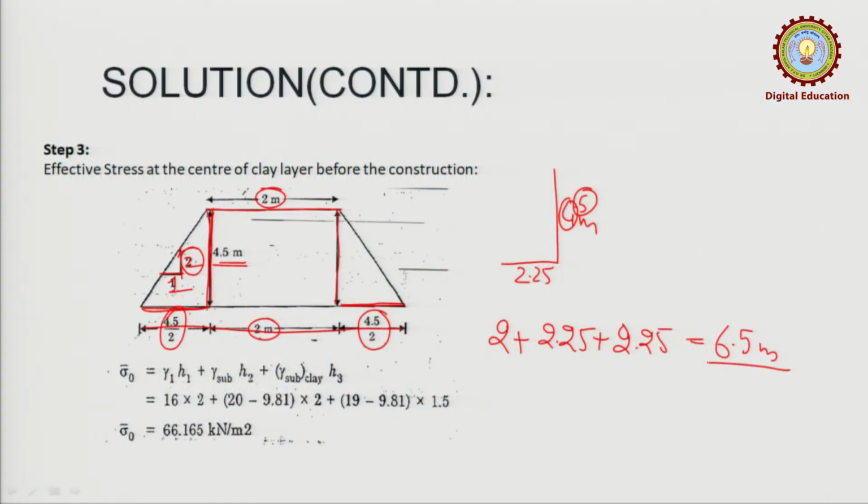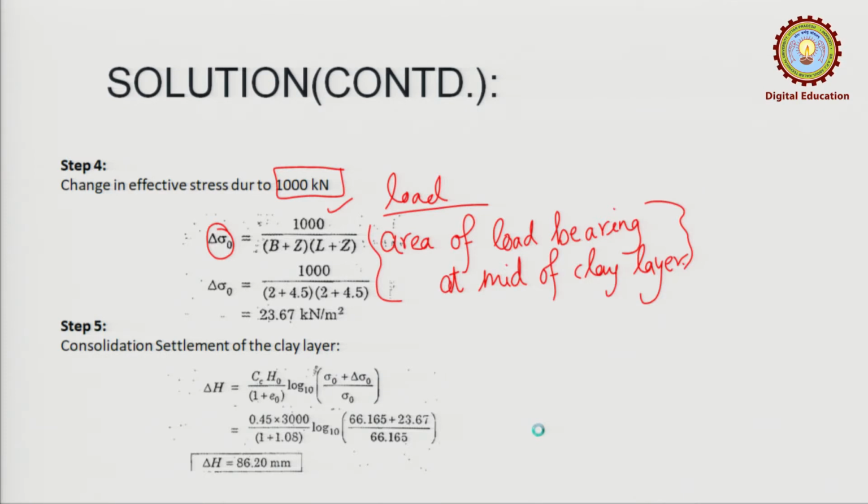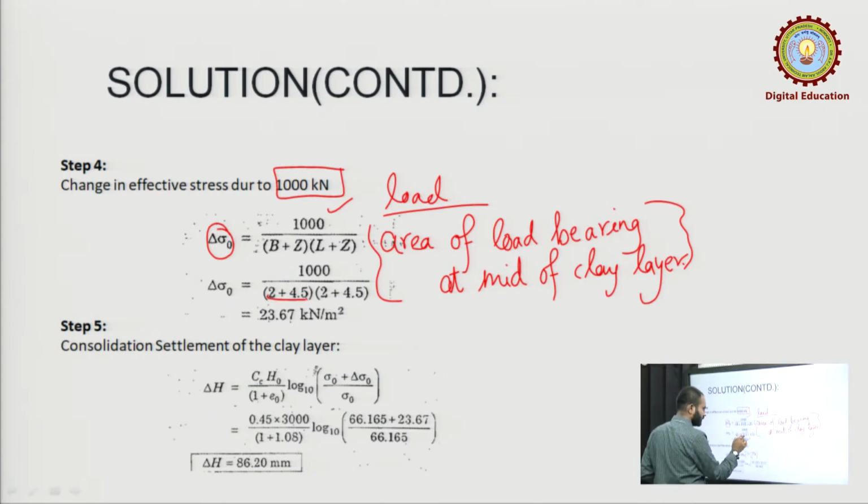This is only the front view. Again sidewise also the same dispersion will take place, because it is a square footing, 2 cross 2 square footing was there, if you remember. So now we will be having 6.5 cross 6.5 load dispersion. So you can see 2 plus 4.5, which means 6.5, 6.5.